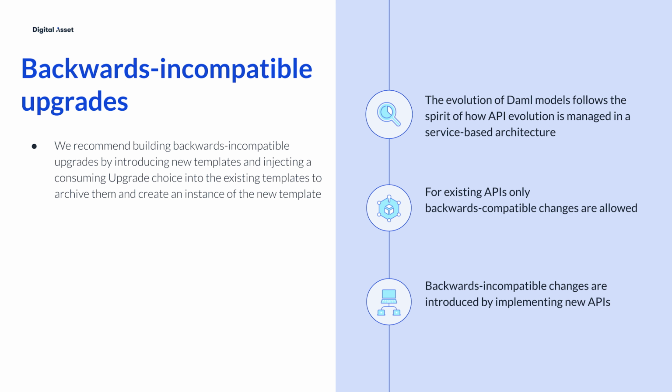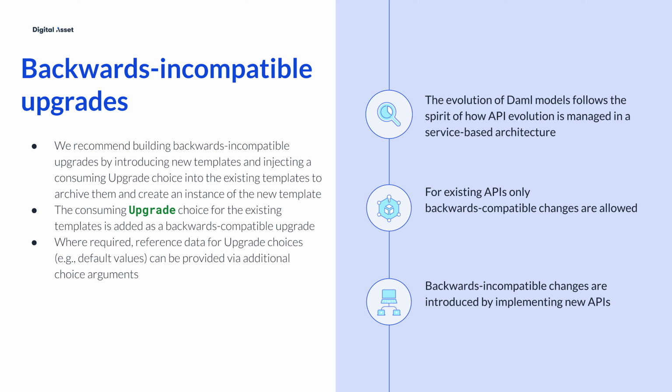We recommend building backwards incompatible upgrades by introducing new templates and injecting a consuming upgrade choice into the existing templates to archive them and create an instance of the new template. The consuming upgrade choice for the existing templates is added as a backwards compatible upgrade. Where required, reference data for upgrade choices, for example default values, can be provided via additional choice arguments.